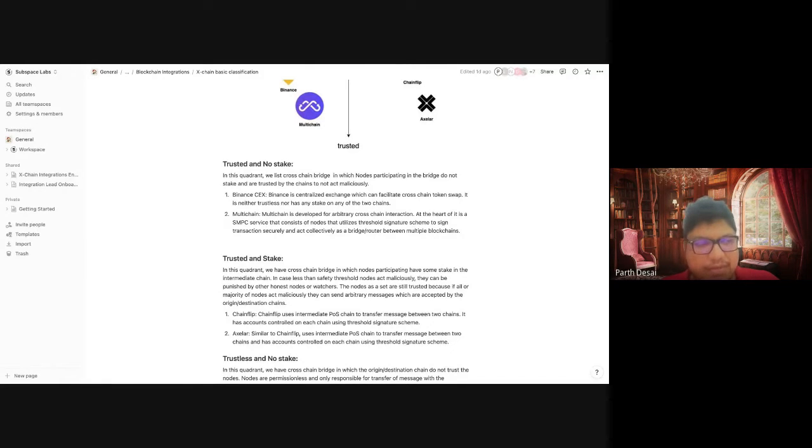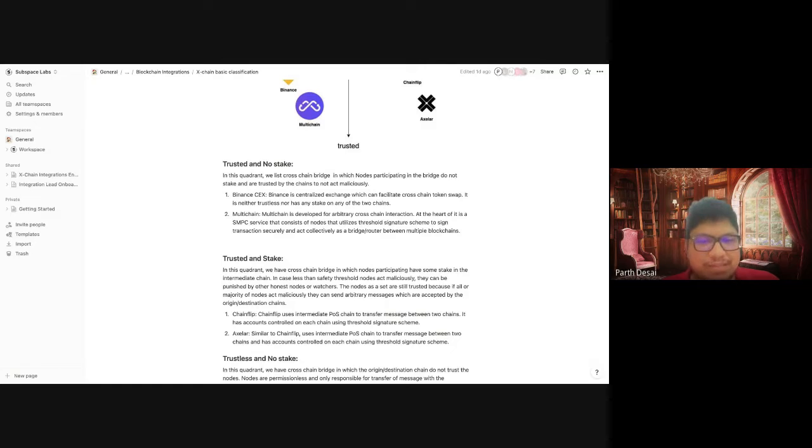For example, XLR uses a threshold signature scheme, and I think Chainflip also uses something similar. Overall, it's a proof of stake chain with each validator holding some portion of a private key, and only when a majority of validators agree can they do something.